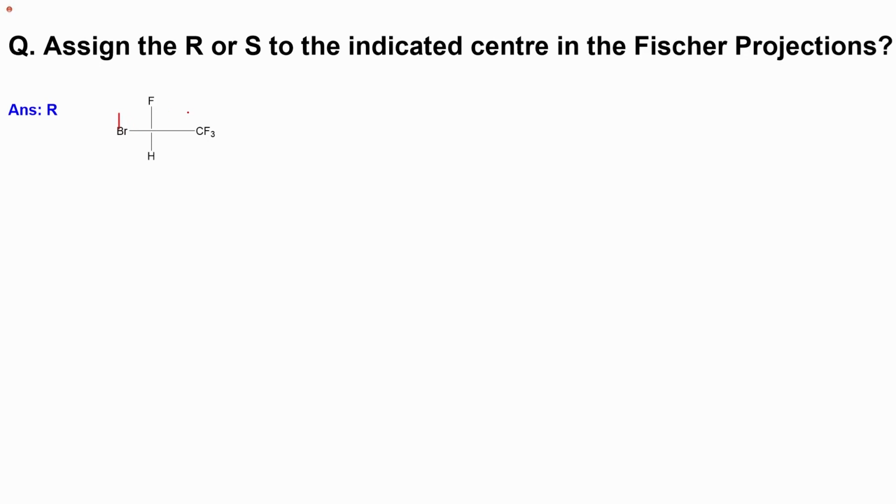Between fluorine and CF3, fluorine has higher priority compared to carbon because fluorine is 9 and carbon is 6. Let's say this is 2, this is 3, and this is 4. Now 1 to 2 to 3, this is R. Why R? Because it is clockwise.